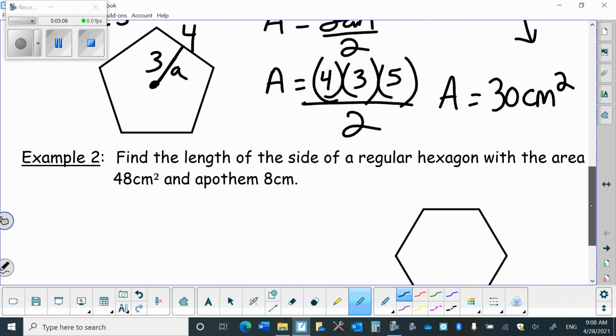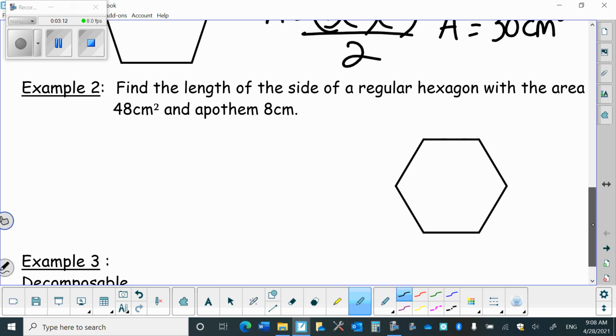Same formula, but we do have to know how to manipulate this formula backwards. So for example, they're giving you apothem is 8. They're telling you that it is a hexagon, so that's an n equal to 6. And they're giving you the area is 48. They want to know what the s is, the side length.